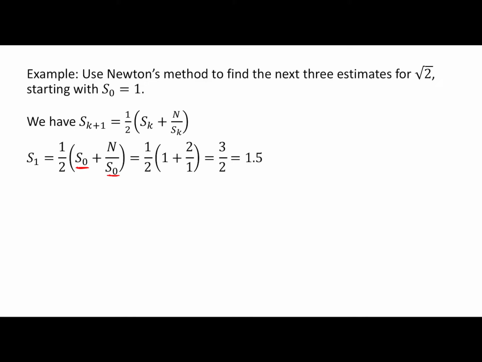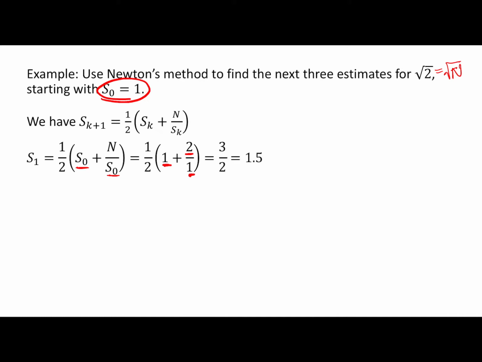So let's plug in what we know. S naught is given to us here, so I plugged in 1 for S naught, and we're looking at the square root of 2, so n is 2. All right, and then we multiply and add to get an answer of 3/2 or 1.5.